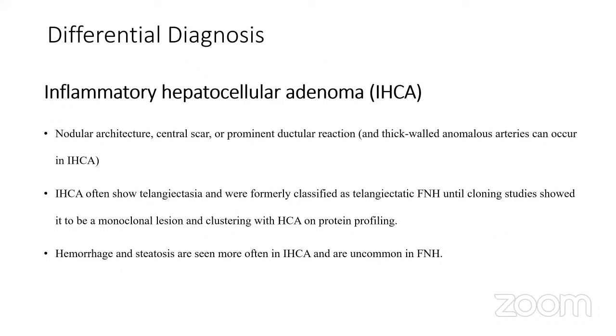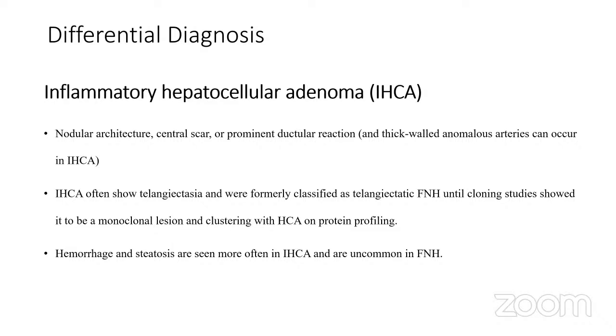The main differential diagnosis includes hepatocellular adenomas, but inflammatory hepatocellular adenoma mimics FNH more than other types. This adenoma can have a central scar, prominent ductular reaction and thick-walled anomalous arteries.